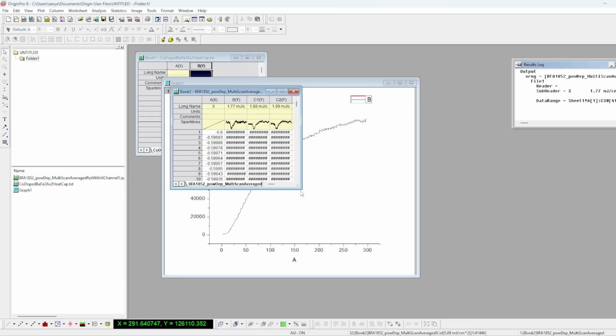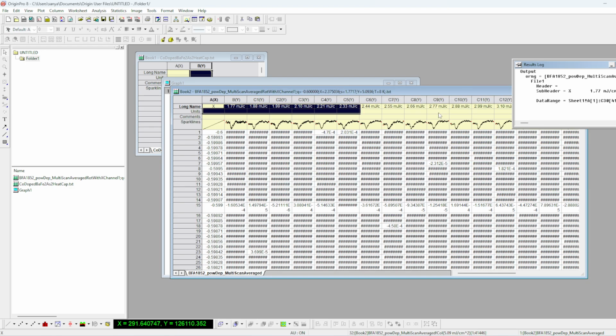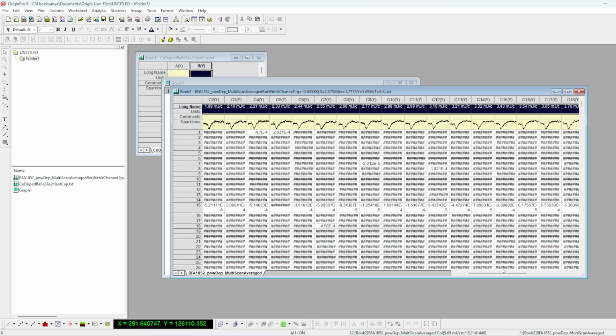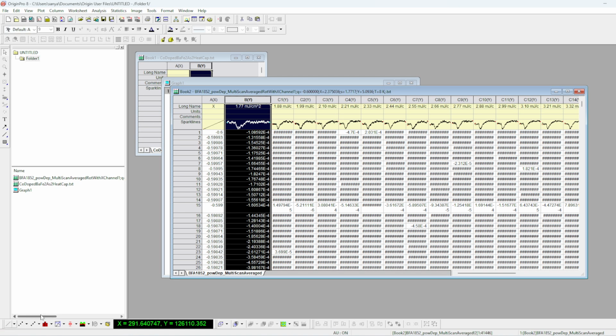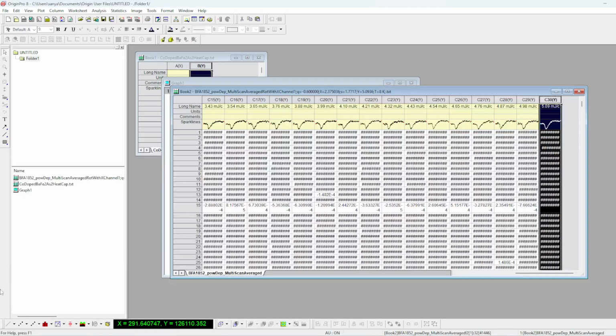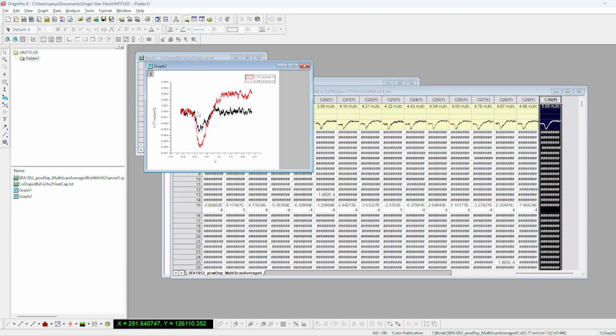As you can see, I have my fluence in the header and I already have my delta R by R files. For example, I will open the last one. You can see that it's already renormalized, so it starts at 0 and is a relative change. It does not have to be divided by R, but it's better to be divided by R.